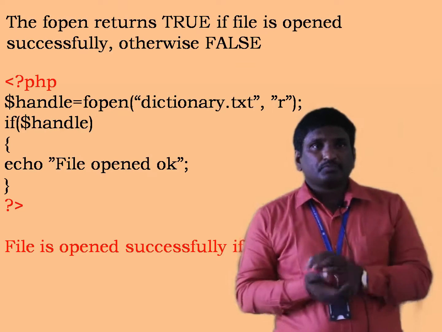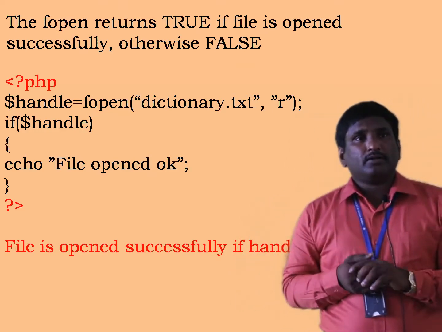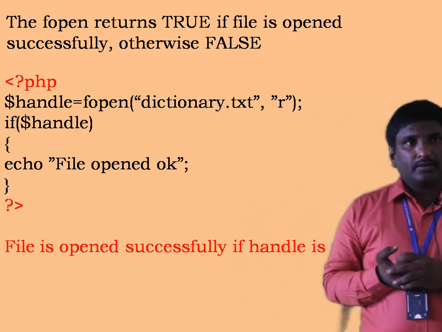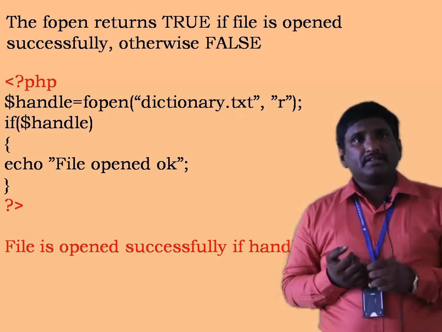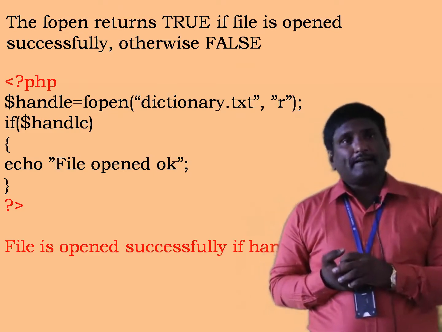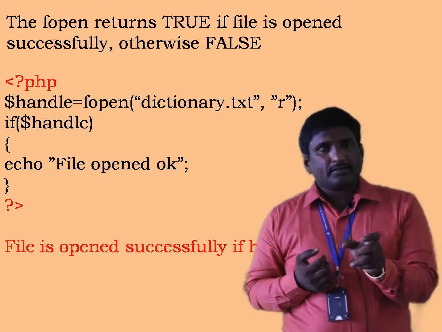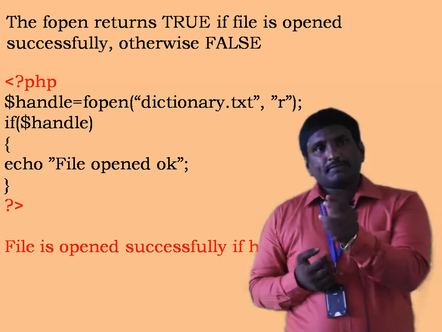Next, here is an example. In order to open a file, here my file name is dictionary.txt, and I used the function fopen, which has two arguments. One is the file name, which is dictionary.txt. What is my mode? Read.